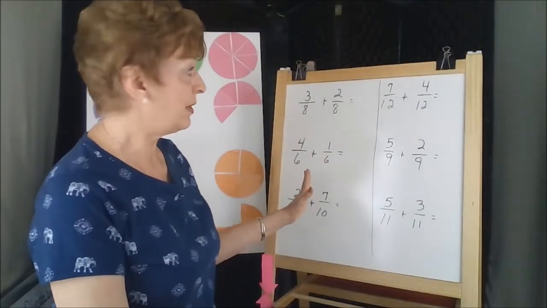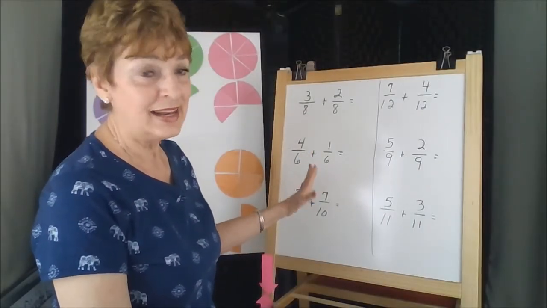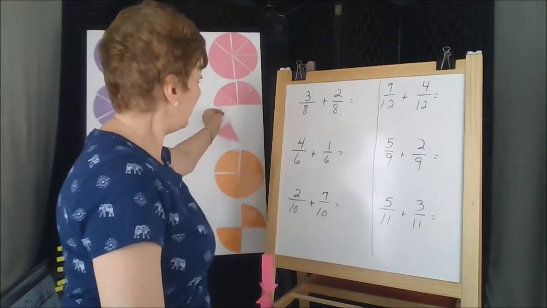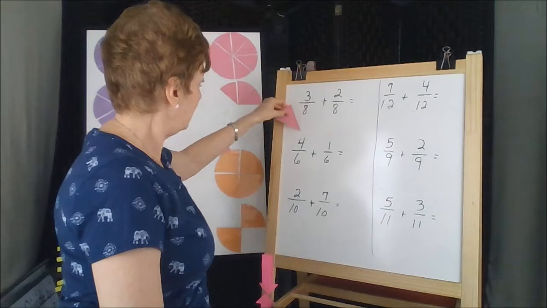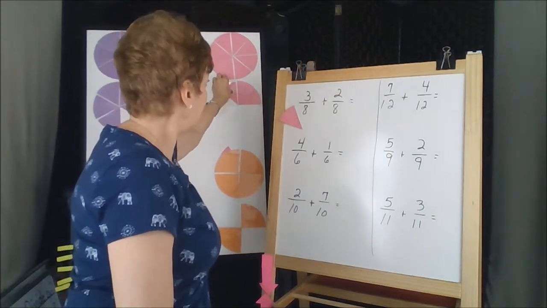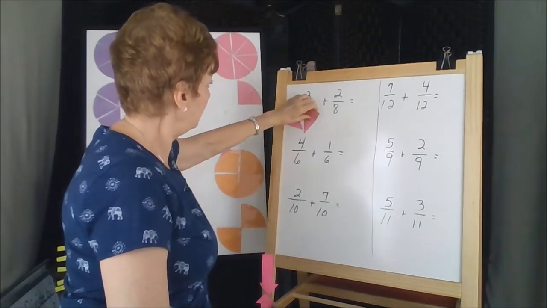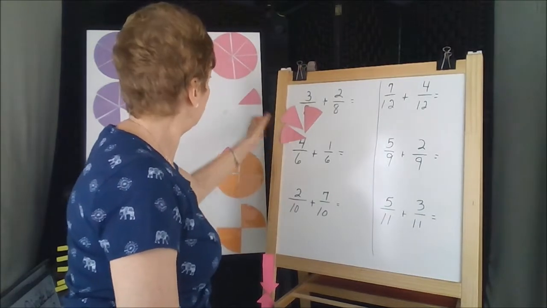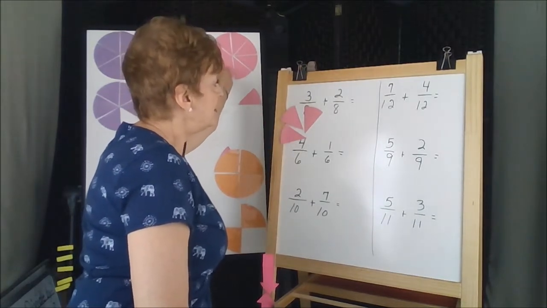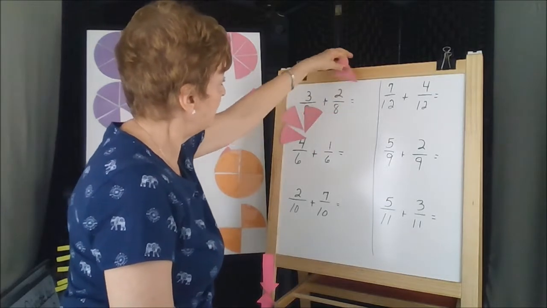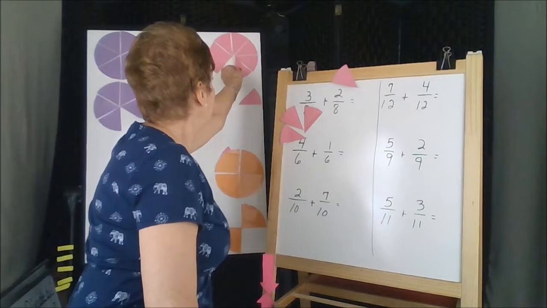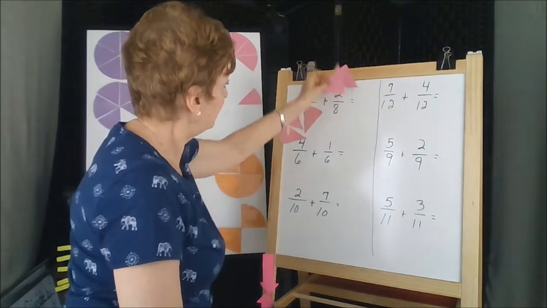Here's an example of some addition problems that have the same size pieces on the bottom. We have 3/8, 1, 2, 3, and we're going to add to it 2/8, 1, 2.